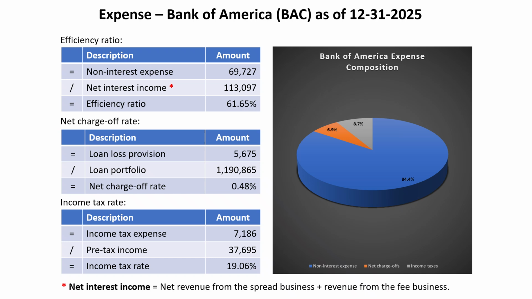That makes sense because my federal tax rate in the US is 21%, but I still have to pay state taxes, but I also have some tax credits. So 19% makes sense. And if I take a look at that pie chart, this is how the expense buckets relate. You can see that 84% of my expenses is non-interest expense, primarily employees. And then I have those other buckets for net charge-offs and income taxes.